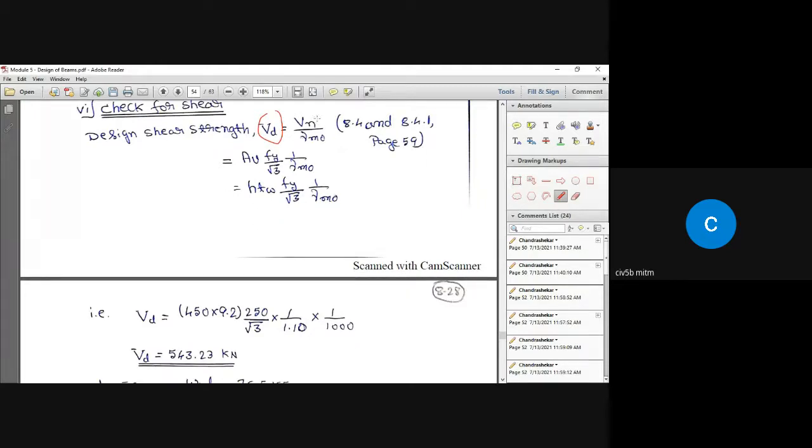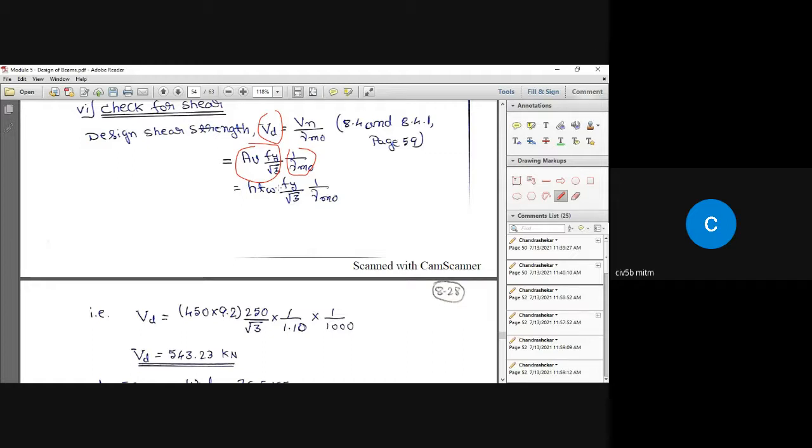That is given by Vn divided by gamma MO. So gamma MO is here and Vn is this. Vn is nothing but the shear area of the section and Fy by root 3 is the yield stress of the material in shear.